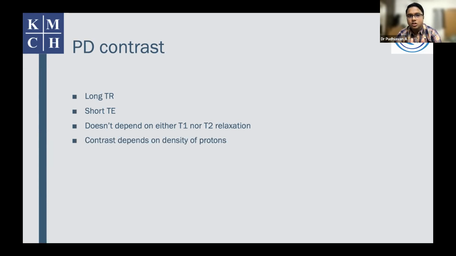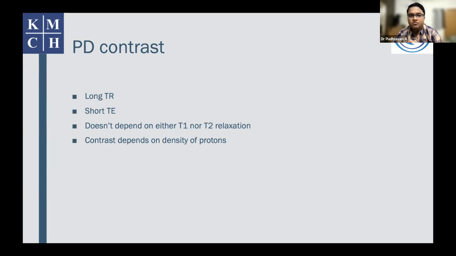Since it uses a long TR and a short TE, not much T2 relaxation has happened, so there is not much dephasing of protons, and a long TR will result in all the protons reaching full Z magnetization. So this kind of image will depend on neither the T1 relaxation nor the T2 relaxation.